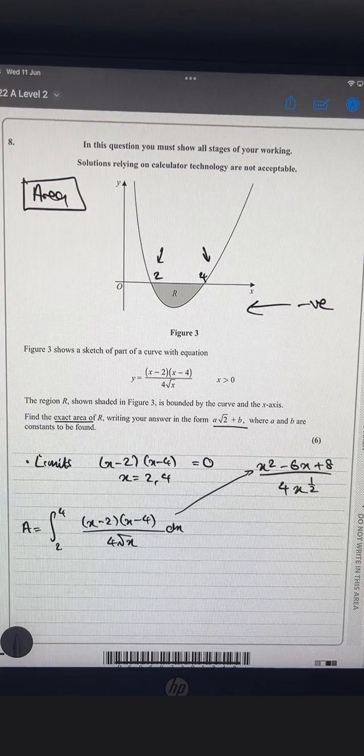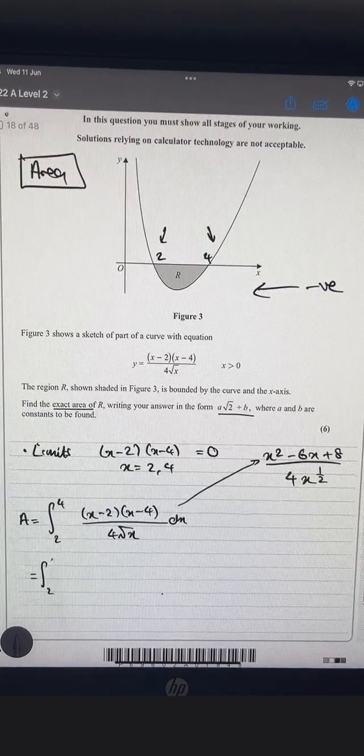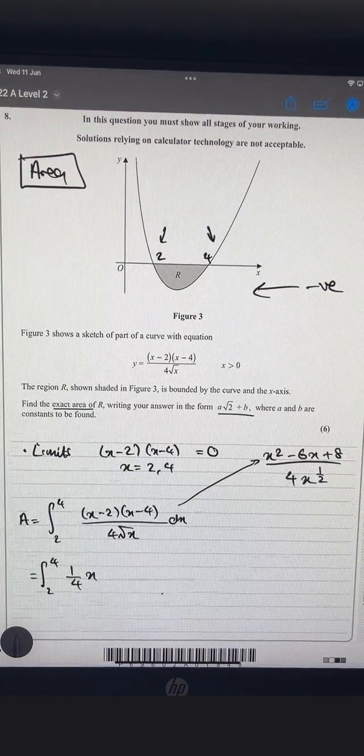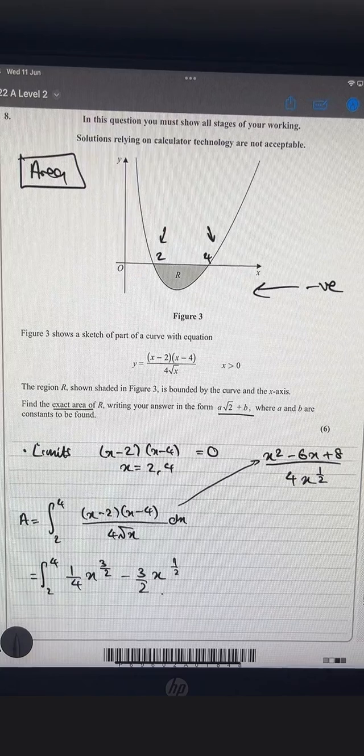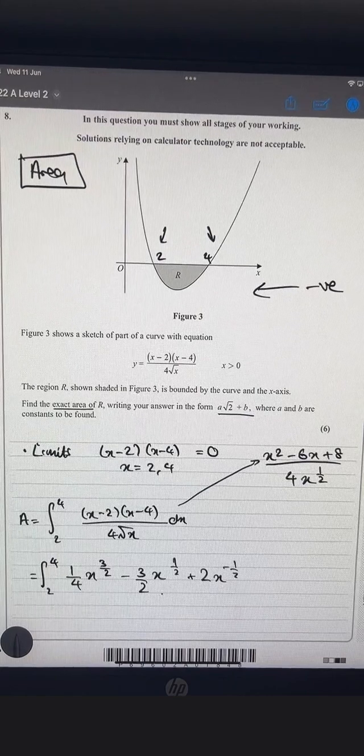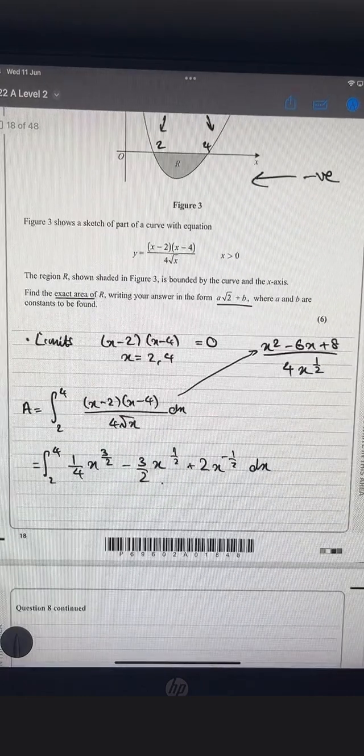All right, so now if I just put this back in, I get the integral from 2 to 4, and I just rewrite this, that would be 1/4 x to the 3 over 2, because 2 minus a half is 3 over 2, and then minus 3 over 2 x to the half, because that's 1 minus a half. And then I'm doing 8 divided by 4, which is plus 2x to the minus half, because there's 0 minus a half right there. And that is with respect to x I'm integrating. So now I just have to integrate this, nice and easy.